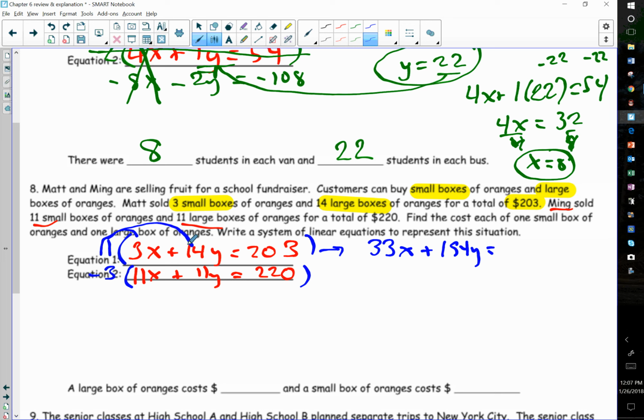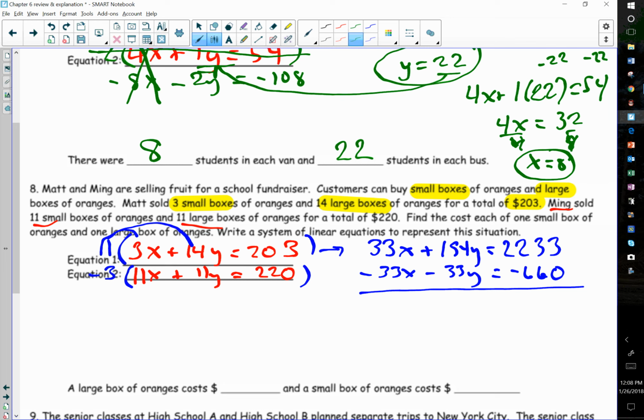That's 11 times 3 and 11 times 14, and then 11 times 203 is 2,233. Multiply the bottom by -3, I get -33x minus 33y equals -660. And now I'm all set to eliminate.